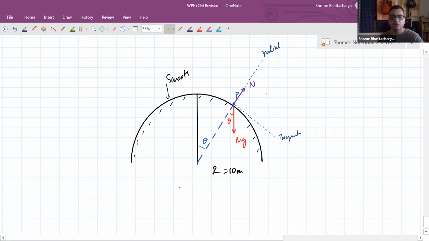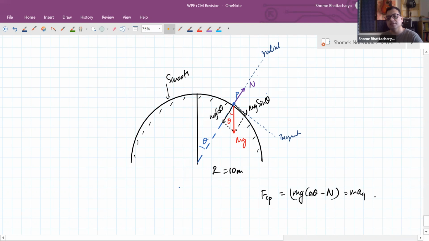The component of weight along the radial direction is mg cos theta, and the component along the tangential direction is mg sin theta. So the centripetal force here, the force towards the center, is mg cos theta minus N, and that should be equal to mass into centripetal acceleration. So mg cos theta minus N should be equal to mv square by r. So that's our first equation.